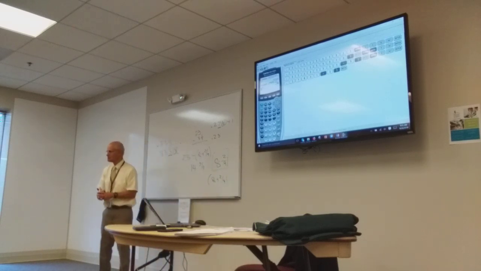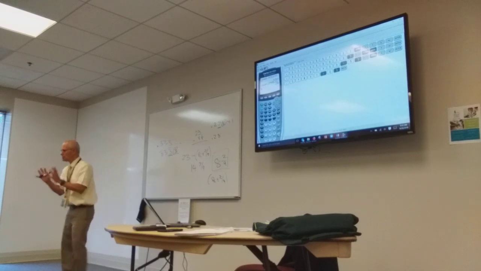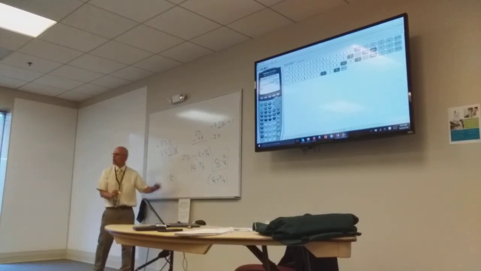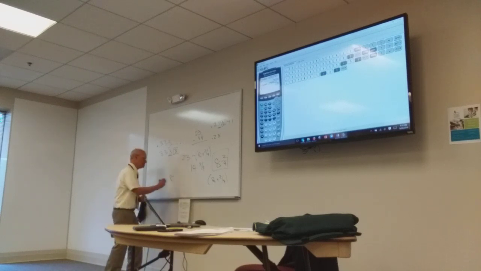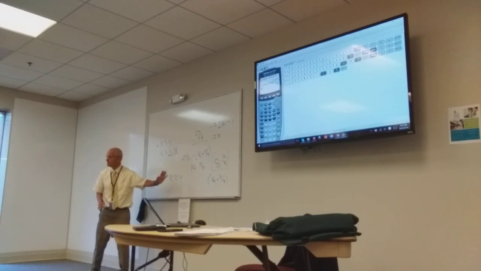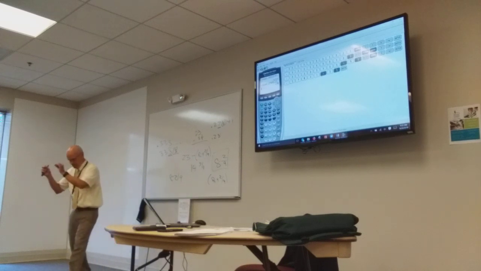If I don't type the addition sign, if I type 8, how do I show that I've got a fraction? 8, 2, divide 9. I thought you had to multiply the 8 times the 9, making it an improper fraction, and that's how you put it in.